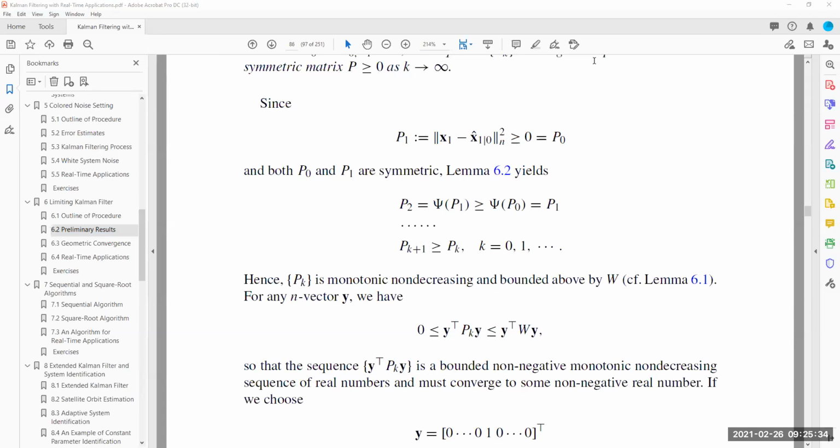So here, you just use the lemma 2. Here, you use the lemma 2 by assuming P0 is 0. Then you get the lemma 6.3.